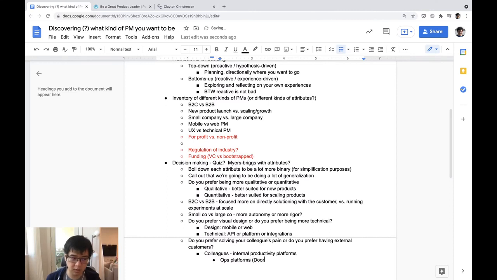For example, when you're working with DoorDash for their support teams, like DoorDash, Uber, Lyft, right? All of these marketplaces have really large operations teams, and you need to build productivity platforms for them that no one ever sees, no one ever notices, and these might be platforms that you build in-house, or they might be fine-tuning existing platforms.